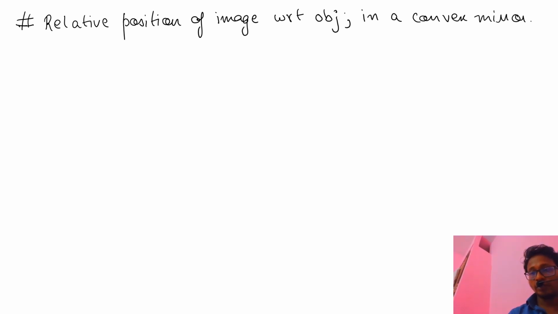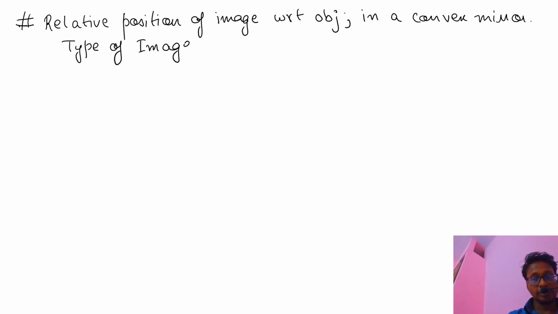In a convex mirror. In this topic, the first thing you are going to study is the position of object and image, then the type of image, that means virtual or real type of image.